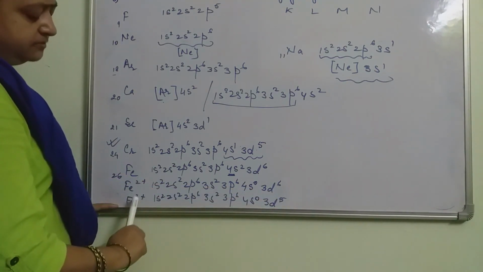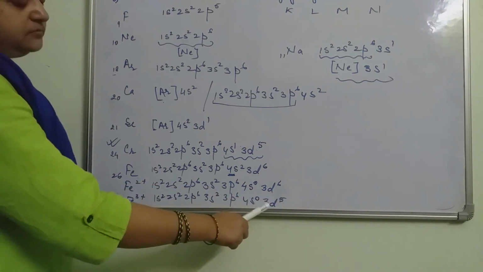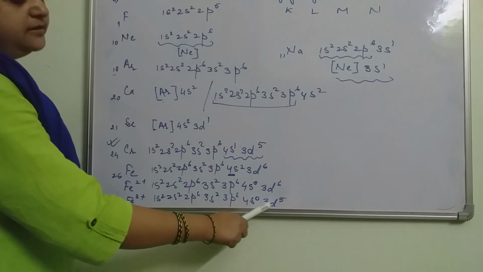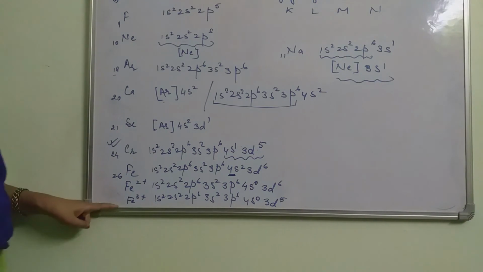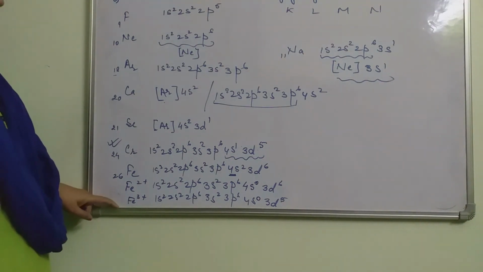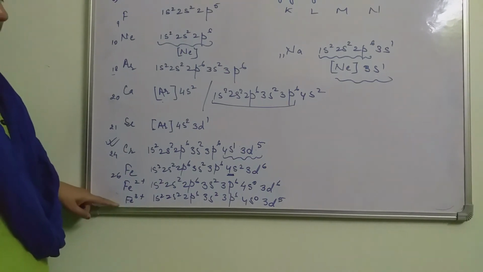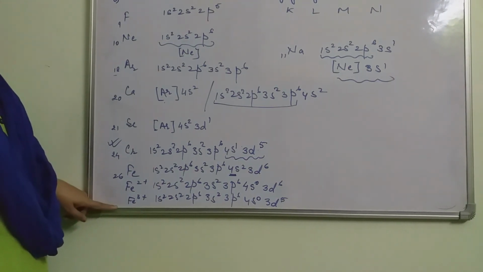So it becomes ferric to acquire a stable configuration. In this way, there are many characters of an element which depend on the electronic configuration of an atom.